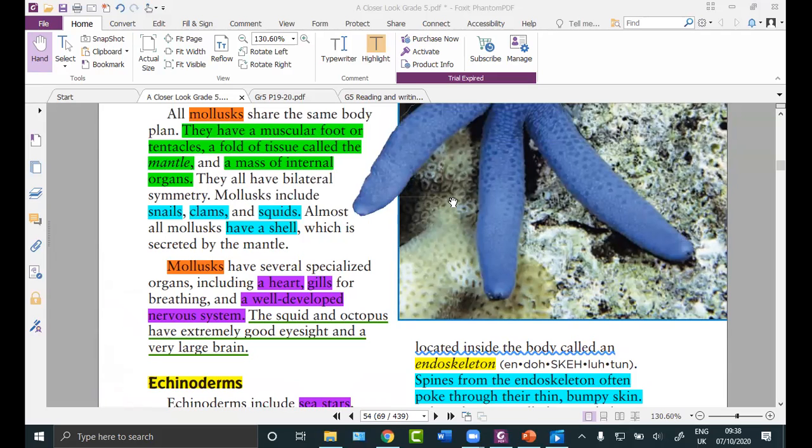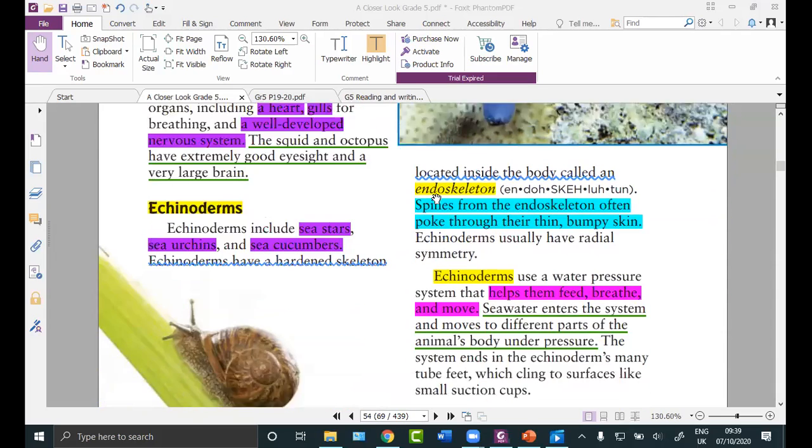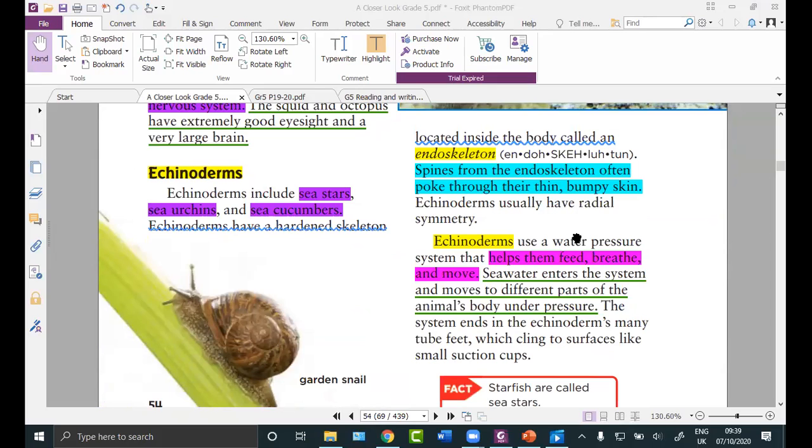I think it will work. Read, I think. He's saying read.